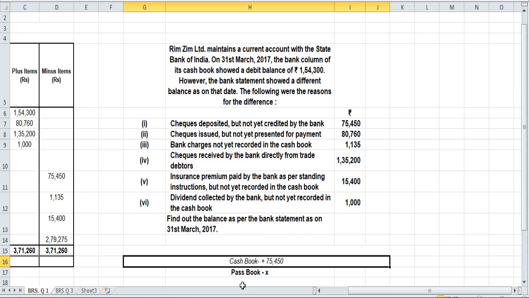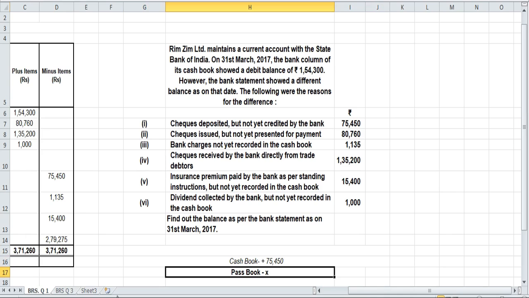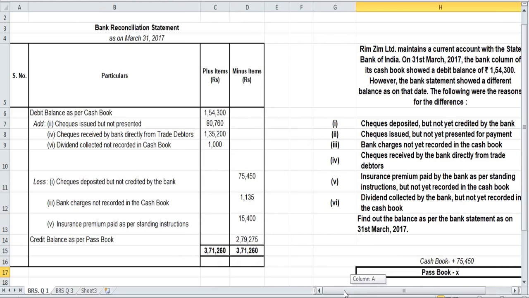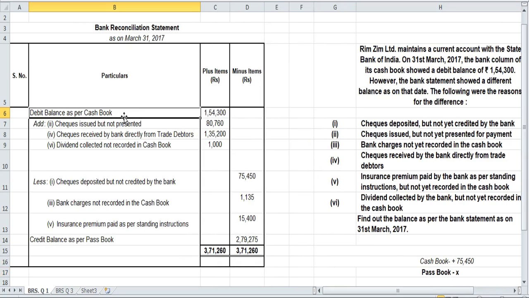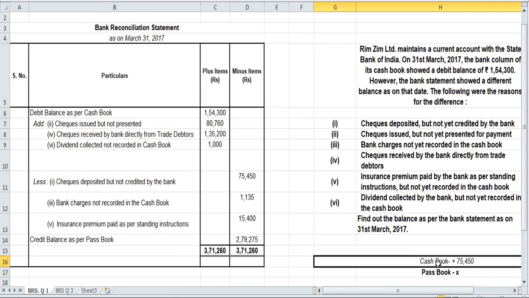So what we'll do, since we are starting with the cash book, we will have to bring it down and match with the passbook. With whichever book it is starting, since it is starting with the cash book, we have to move the cash book up and down.